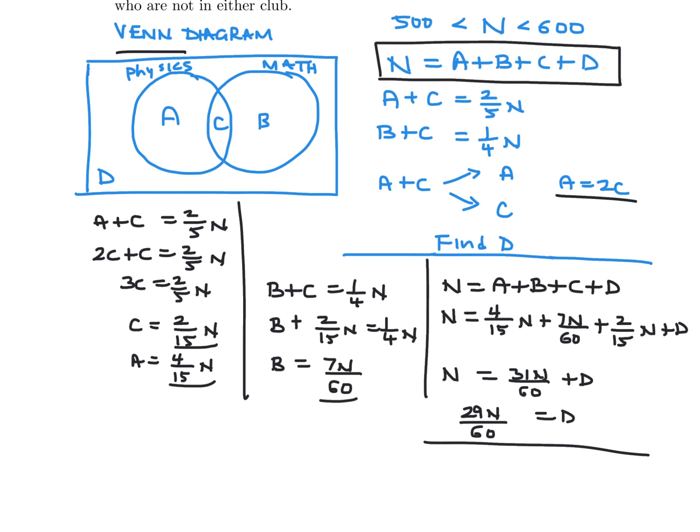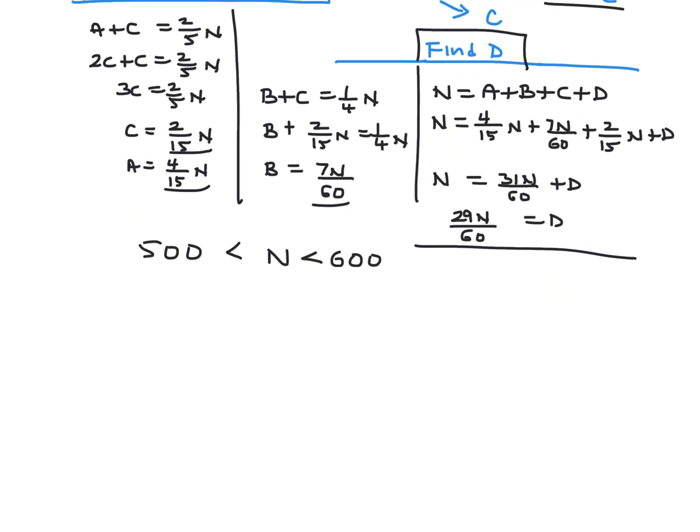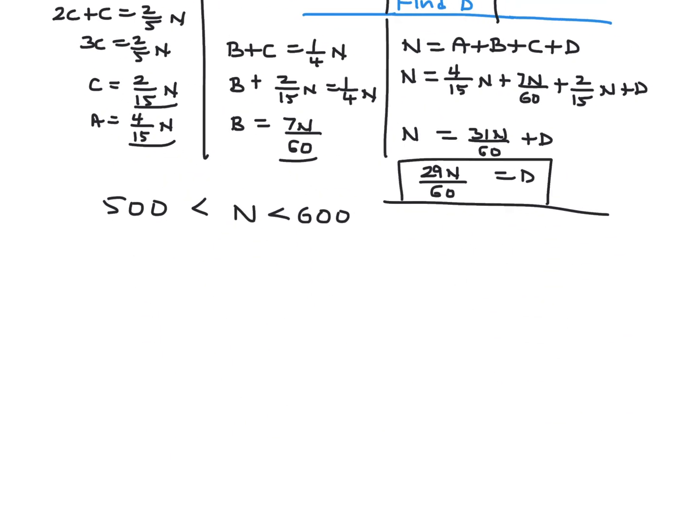So then what are we trying to figure out? The actual numerical value of D. Okay, so that's where that inequality would come in. So we know that N is between 500 and 600. Okay, so since D is what we're trying to figure out, let me plug in that one. So multiply everything by 29/60.